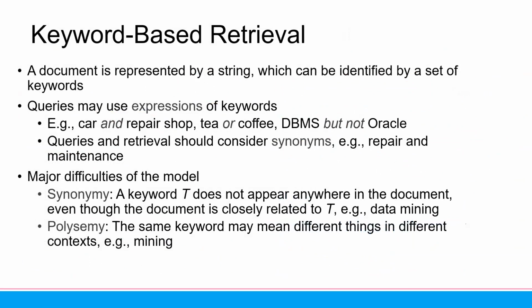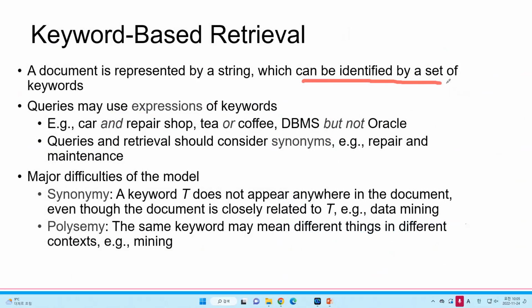Keyword. So a document is represented by a string, and we can identify it by a set of keywords. If you look at the notebook, you will see they give you keywords.